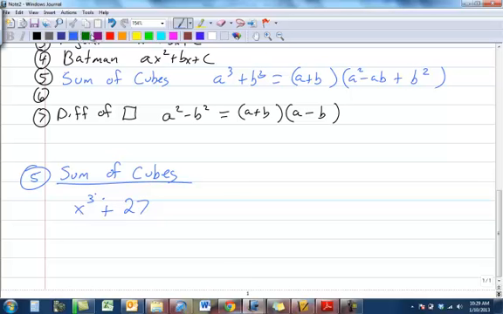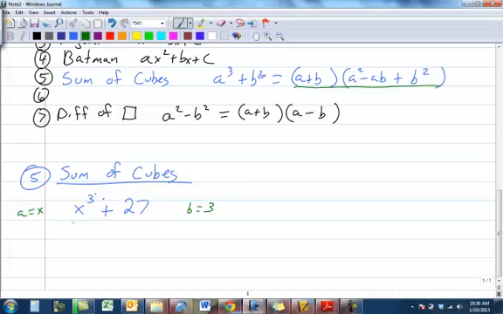Now, if a cubed is x cubed, then a is x. Y'all with me on that? If b cubed is 27, then what is b? What times itself 3 times is 27? B is 3. So I like to identify what a is going to be and what b is going to be. Then we're just going to plug it in to this formula here.